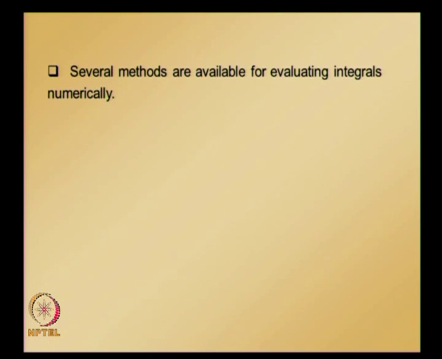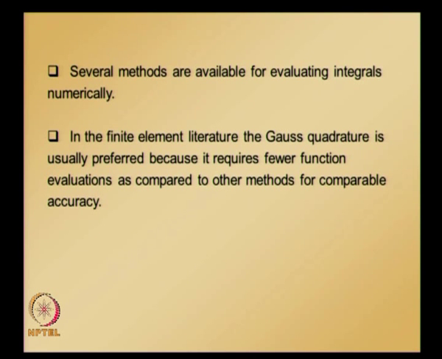There are several methods available for evaluating integrals numerically. In finite element literature, the Gauss quadrature is usually performed because it requires fewer function evaluations as compared to other methods for comparable accuracy. So, that is the reason why Gaussian quadrature is so popular in the finite element method, or in fact in any other numerical technique like the boundary element method.